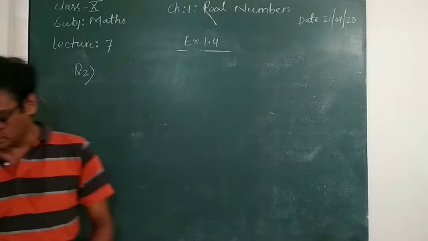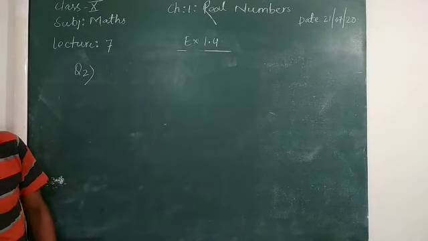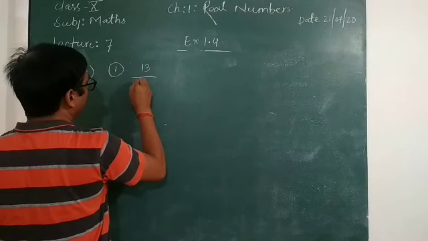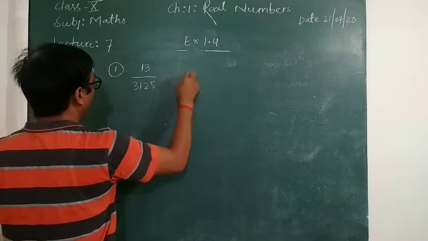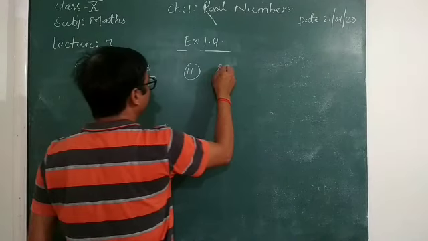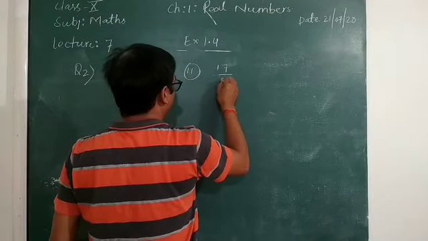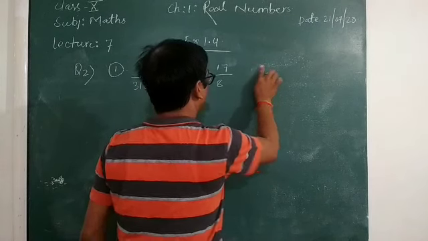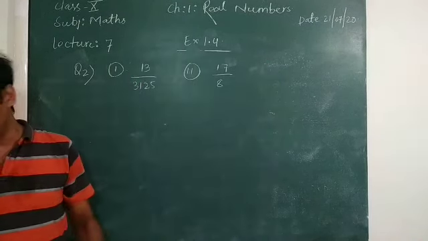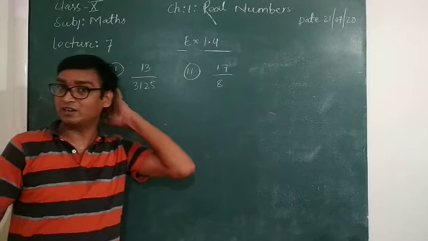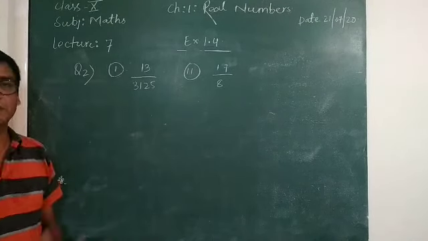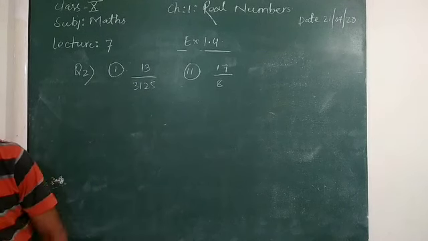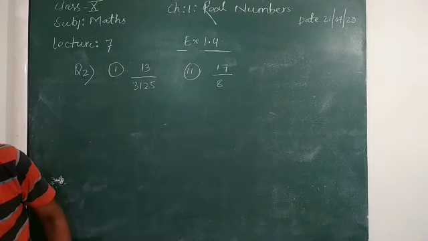We did question number first, so we obtained the first one, 13 upon 3125, and the second one, 17 upon 8, and the third one we got as non-terminating. So we don't have to write non-terminating numbers. We have to take only the terminating numbers.